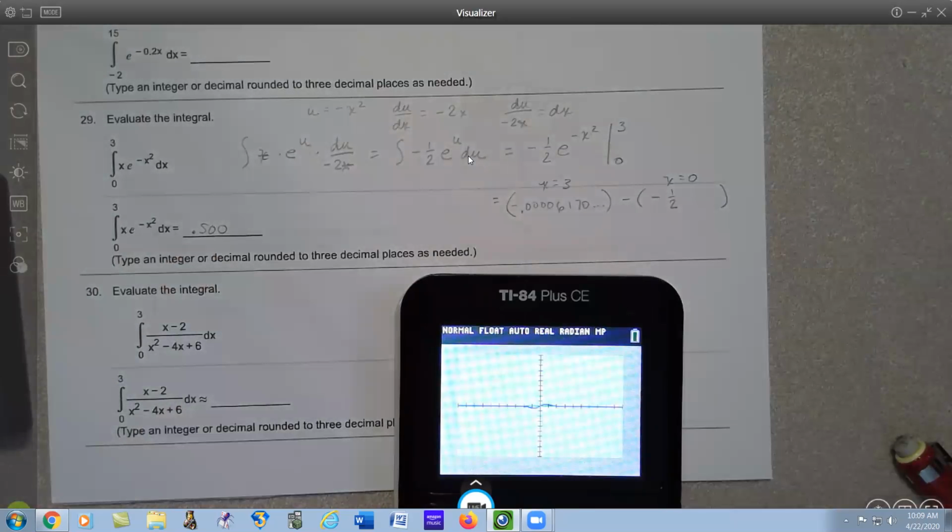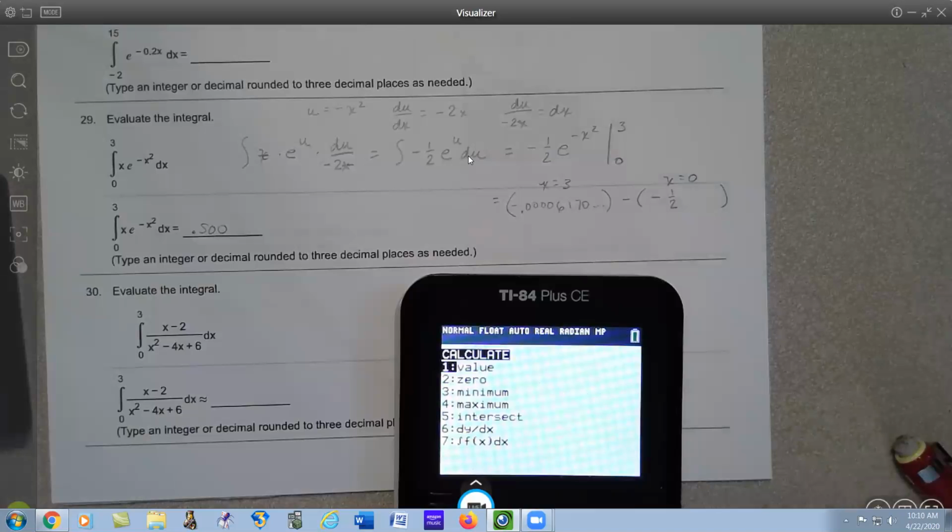Get in a little bit closer. So I'm going to do second trace number 7, lower limit 0, upper limit 3.